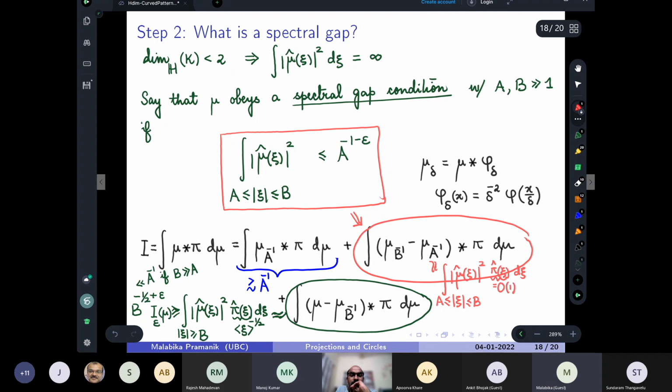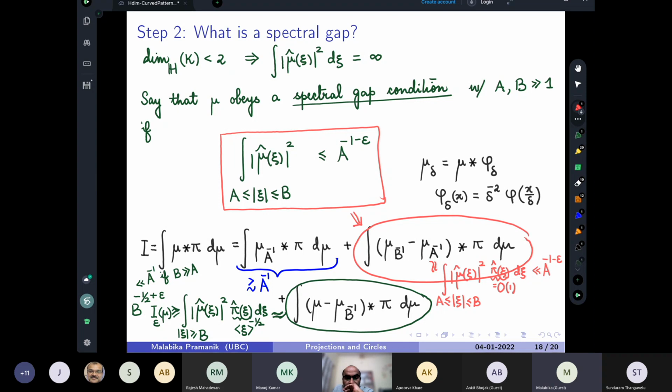This condition tells you that if you have a spectral gap property, this part is not terribly large, and in fact smaller than the main term. So it's in the middle range that the spectral gap condition comes in handy.